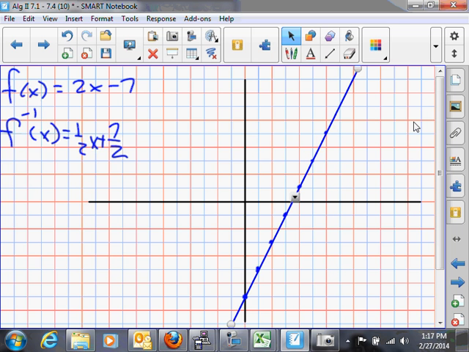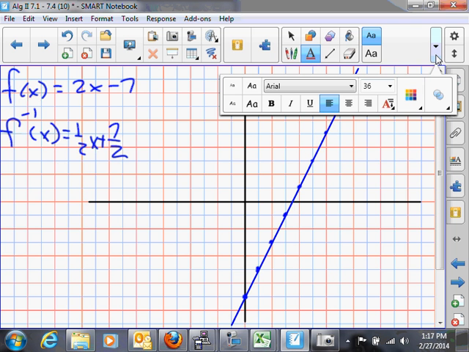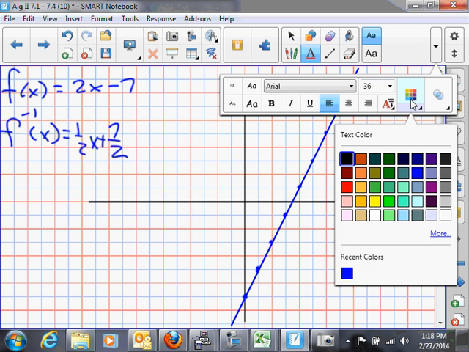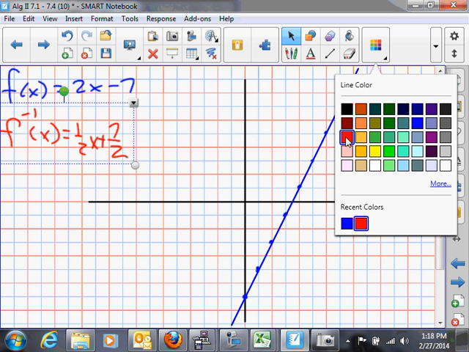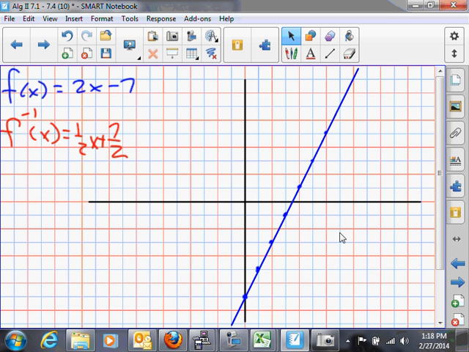Okay, now f inverse of x is equal to 1/2 x plus 7/2.